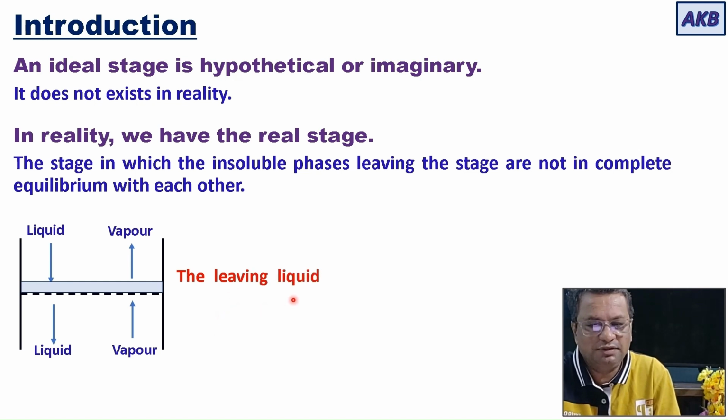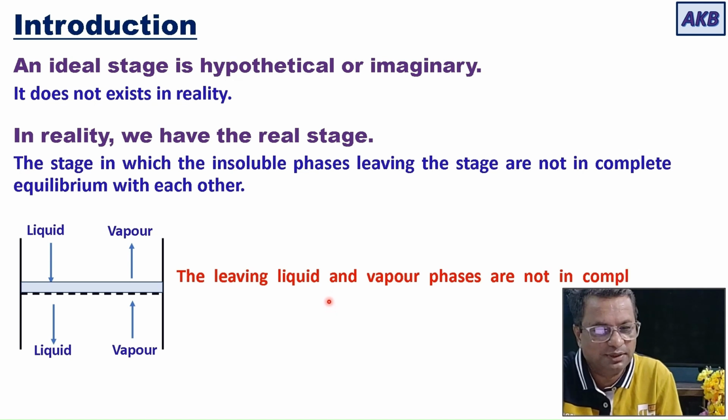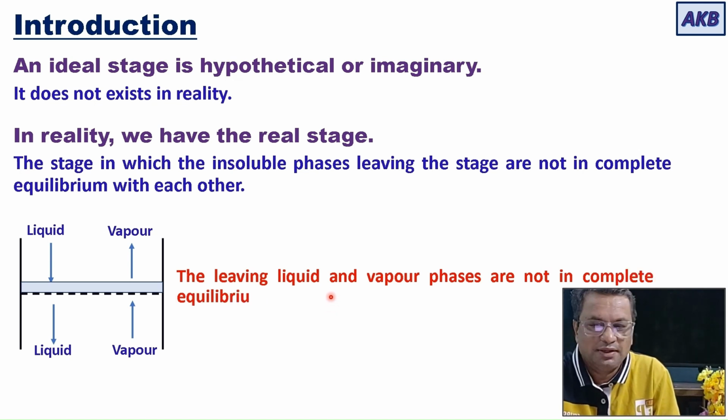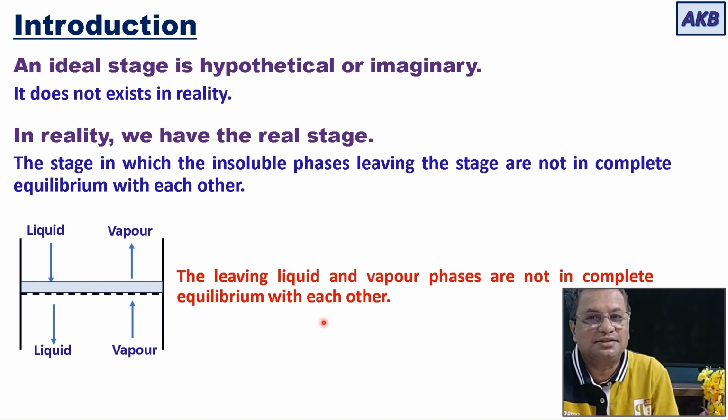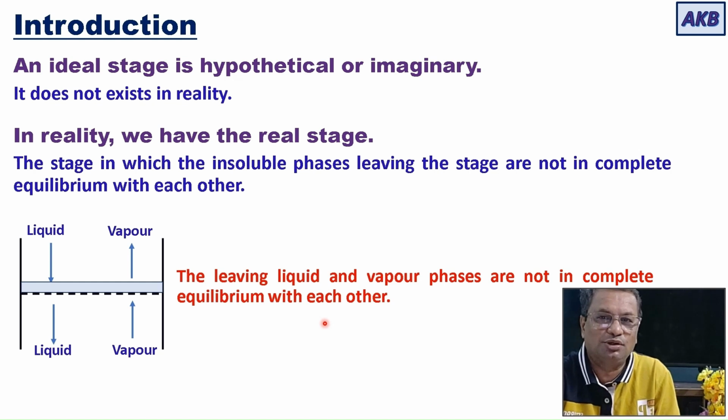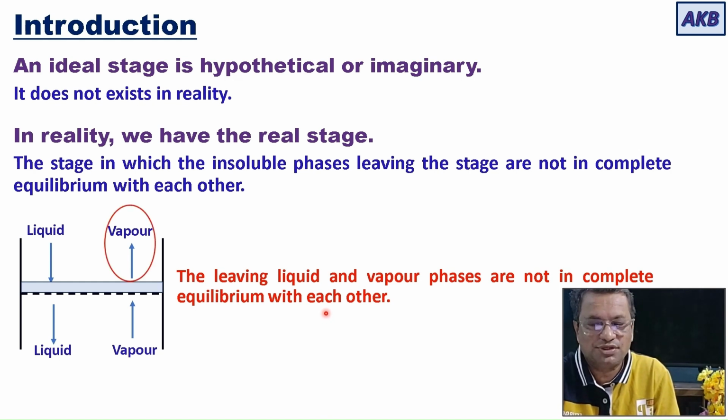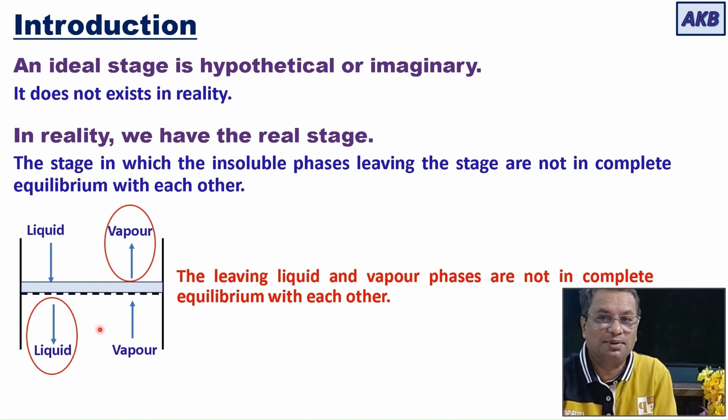So when the leaving liquid and vapor phases are not in complete equilibrium with each other, then that stage will be acting as a real stage. In reality, every tray in a typical tray column is a real stage. What do you mean by real tray or real stage? The leaving phases, in this case vapor and liquid, are not in complete equilibrium with each other.